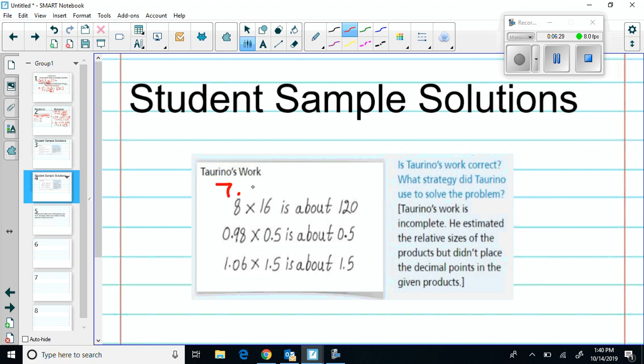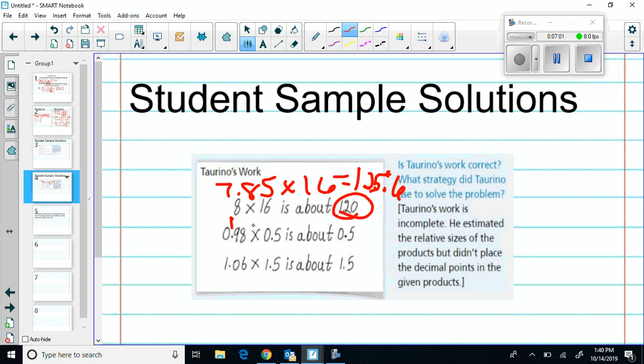In 7 and 85 hundredths times 16, instead of doing 10 like I did, he did 8 times 16. So we knew his answer had to be close to 120, therefore we have three digits in our whole number. So it'd be 125.6.